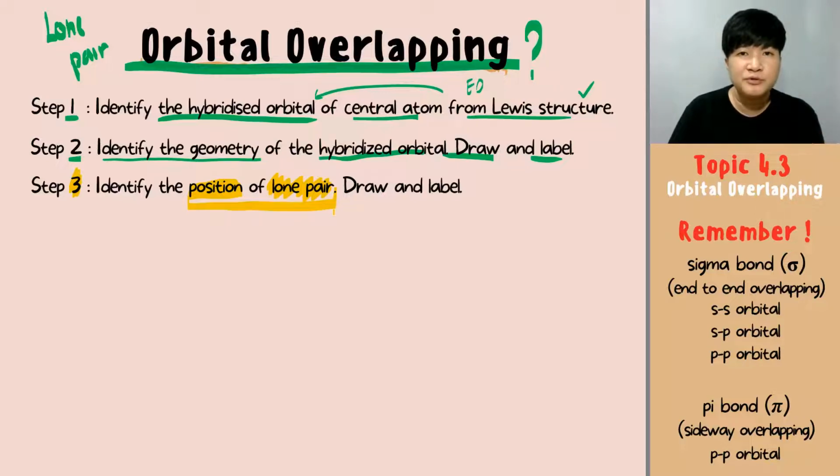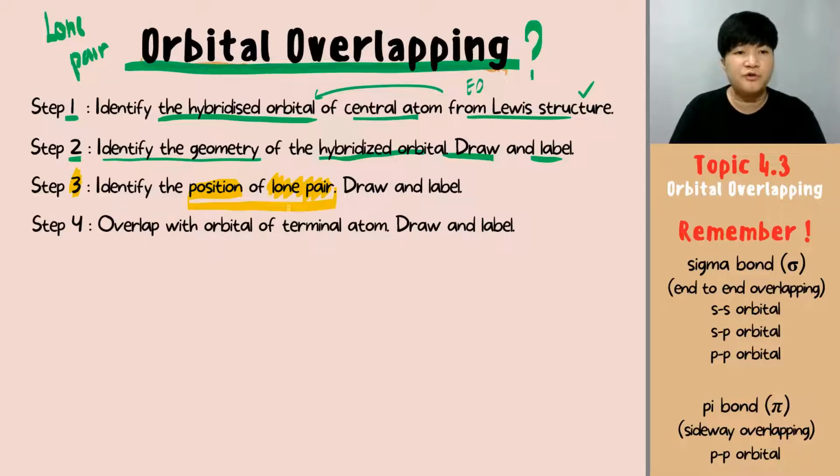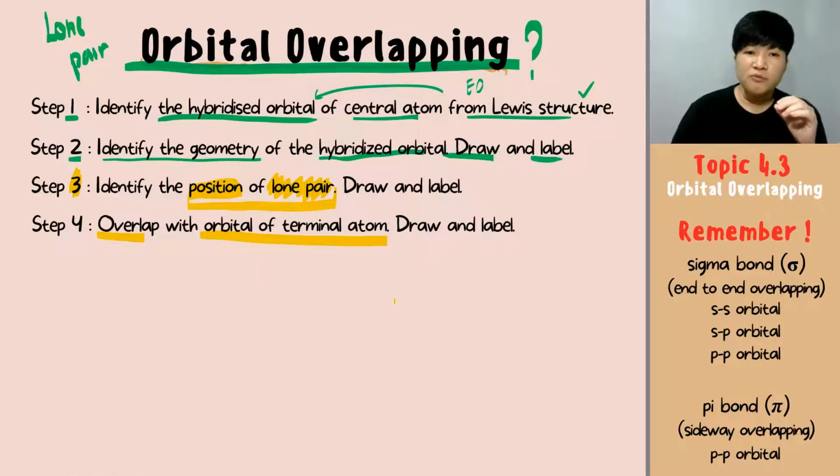You must put down your lone pair in the correct position before you move into the overlapping with the terminal atom. Okay? Don't worry, I will tell you the position of the lone pair that you can put in every geometry of every hybridization. So let's go for the position of the lone pair before we go for the orbital overlapping.